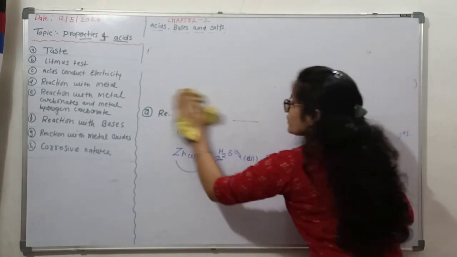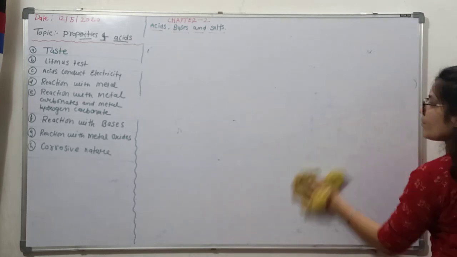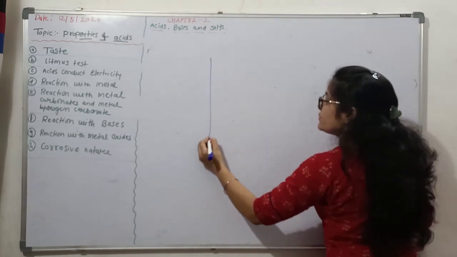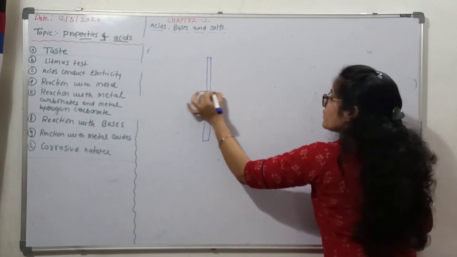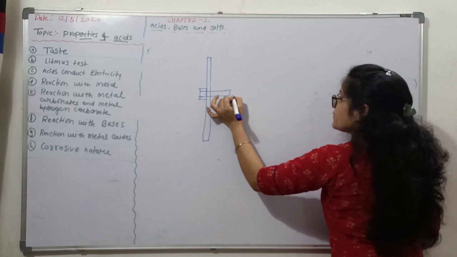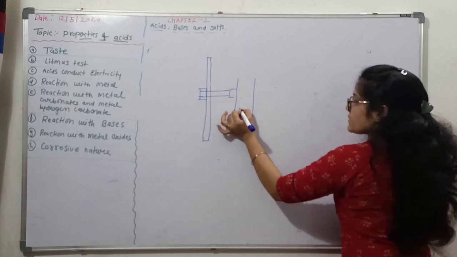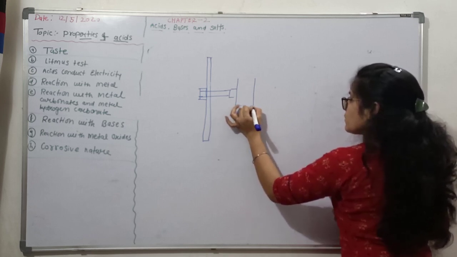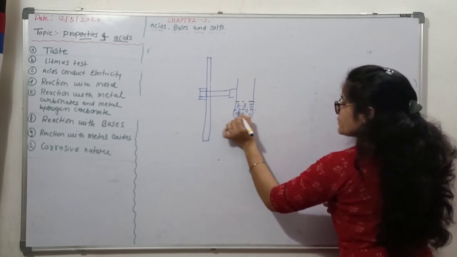For that we are making a setup. Here a test tube is fixed with a stand. In this test tube we put some zinc granules and fill it with dilute sulfuric acid.